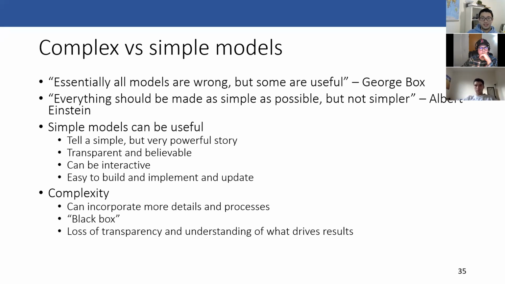If it's too complicated and you've got this black box, in other words, a model that really only you understand, it can detract from the attractiveness of the model and understanding what it is that's actually driving the results, which in the simple models is really obvious, right? Because you're altering so few parameters at a time.